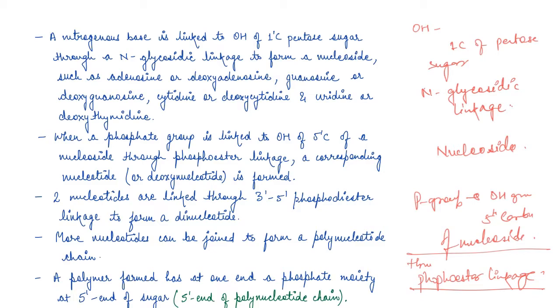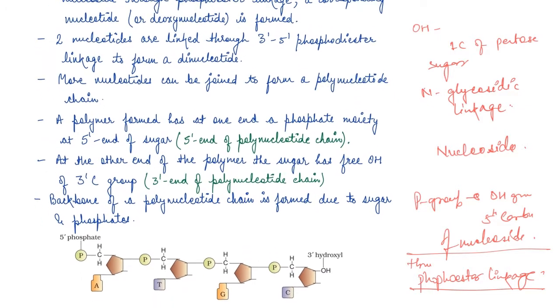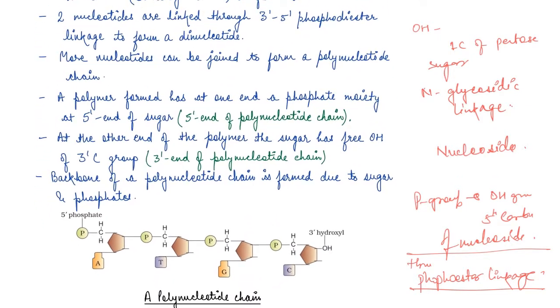Now, two nucleotides. So basically, we have studied about two types of linkages. The nitrogenous base is linked to pentose sugar through N-glycosidic linkage. Then the nucleoside is linked to phosphate group through phosphoester linkage, right? Now, these nucleotides are formed, right?